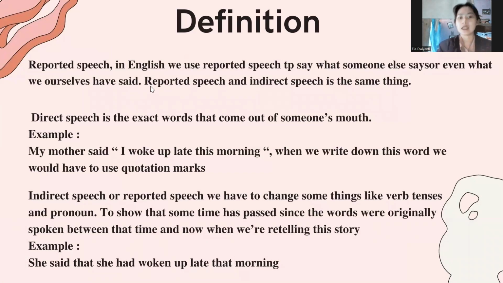Reported speech in English, we use reported speech to say what someone else said or even what we ourselves have said. Reported speech and indirect speech are the same thing. Direct speech is the exact words that come out of someone's mouth.